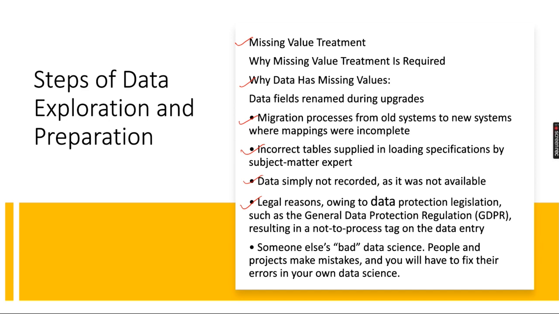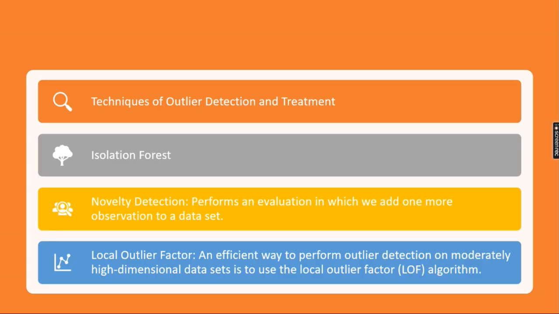Someone else, bad data science people are making the project, but if they are not collecting the data or if they have made mistakes and they are not fixing these problems, then also the data may remain blank. So these are the reasons why our data set may be blank and we have to do proper treatment for such missing values.